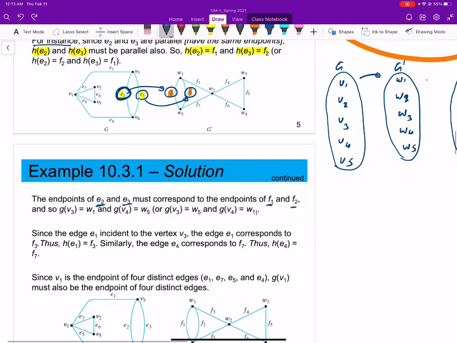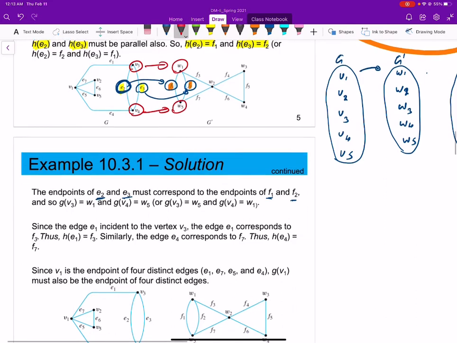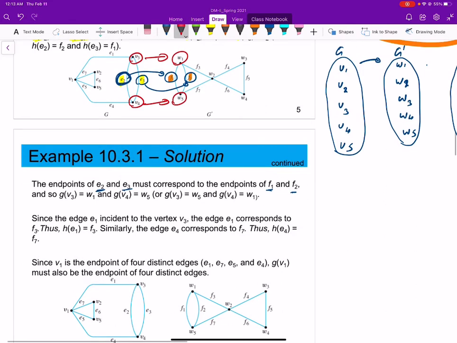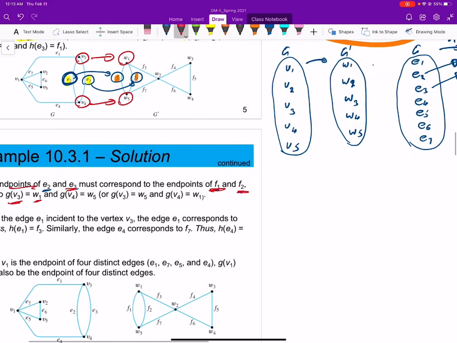Now I'm showing that in different colors. That and that are the endpoints of E2, and this and that are the endpoints of F1. Then they should match too. The endpoints of E2 and E3 must correspond to the endpoints of F1 and F2. And so G(V3) equals W1.